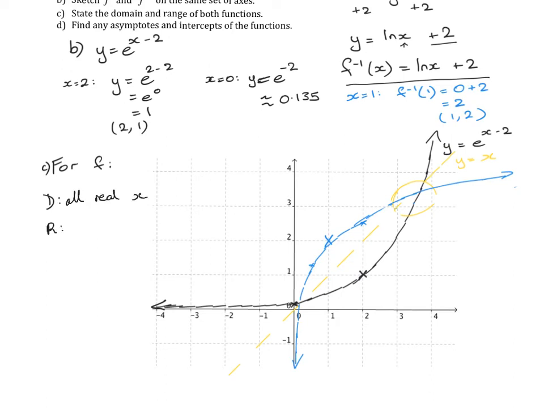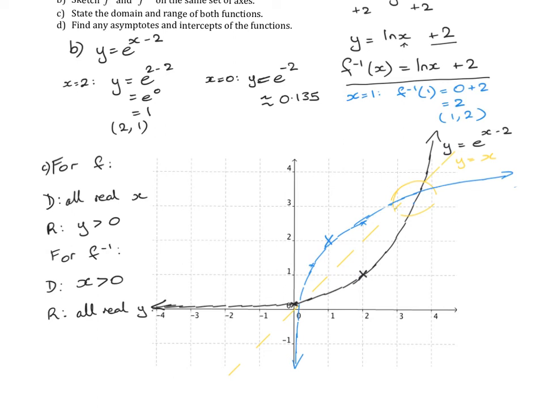The range is only larger than 0, so it's above the x-axis, so it's just y is bigger than 0. Now, for the inverse function, the blue function, the domain is just when x is bigger than 0, and the range covers all real y. And again, hopefully you can see that for f and f inverse, the domain and range have just swapped, as they should since they're inverses of each other.